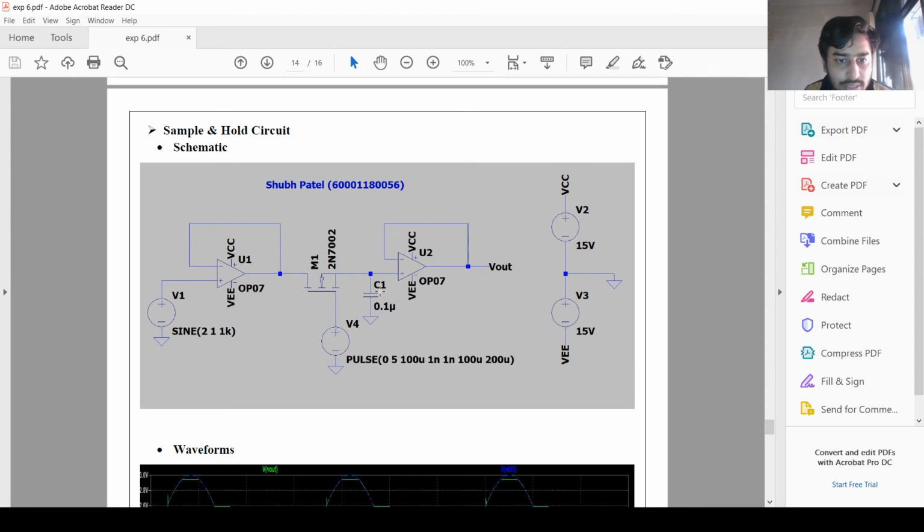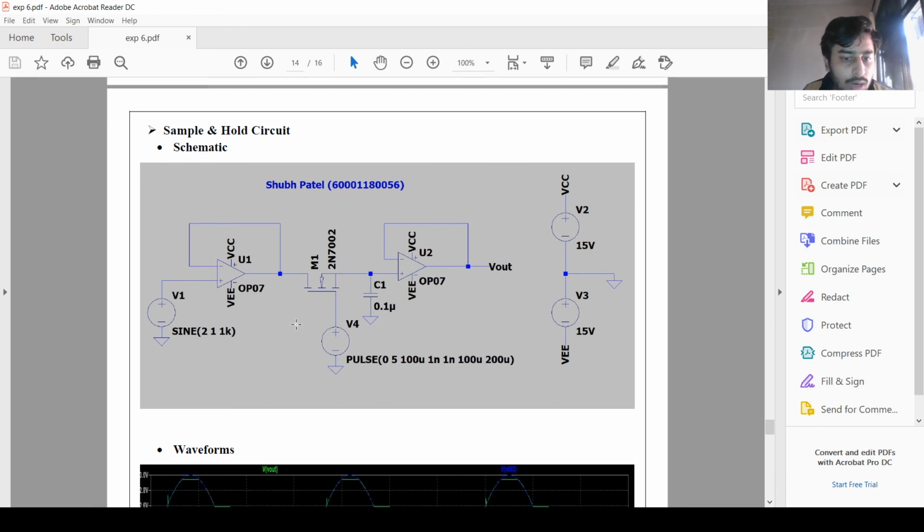So the capacitor gains the value of the input voltage as it is charging, and when this voltage is low, this acts as an open switch. So the capacitor cannot discharge because of the high impedance of the op amp. So it holds the latest value of the voltage.